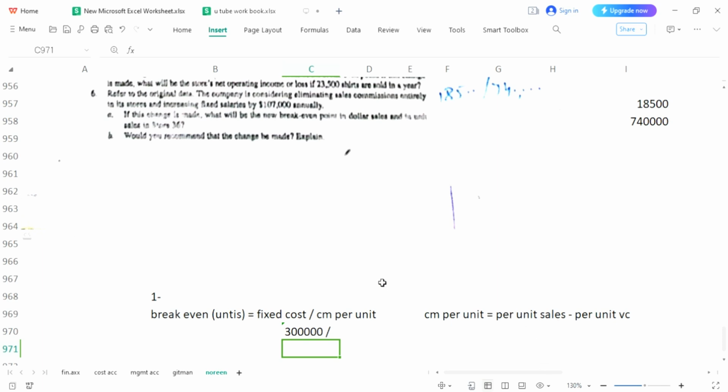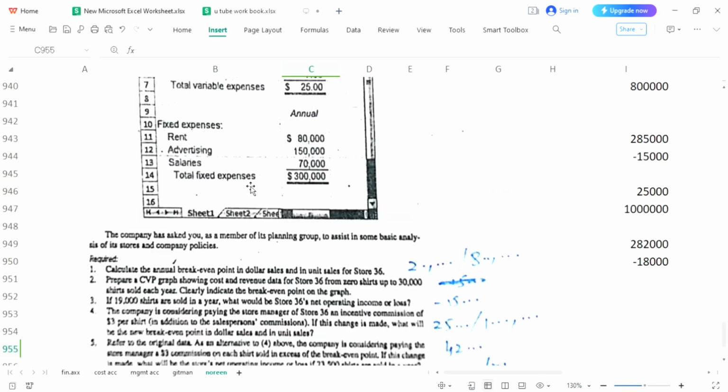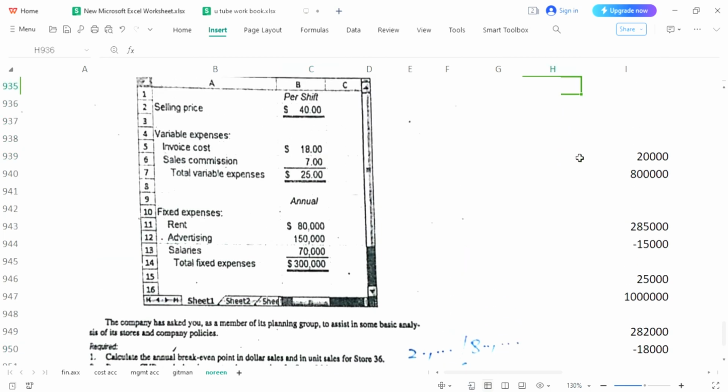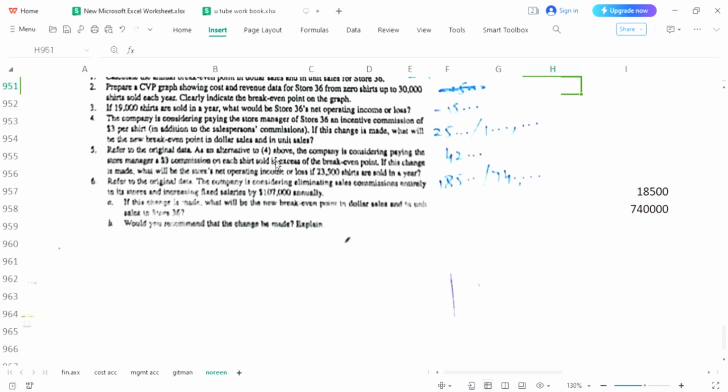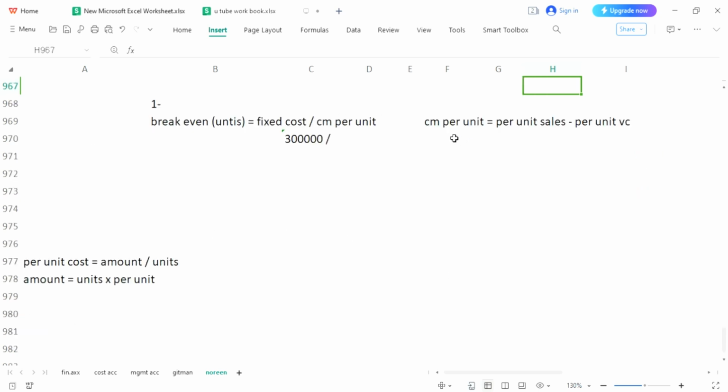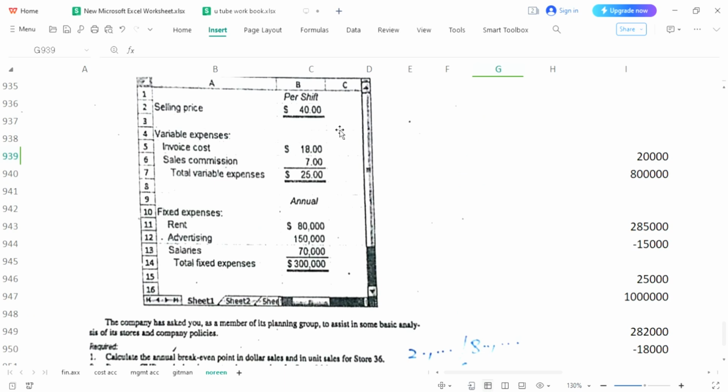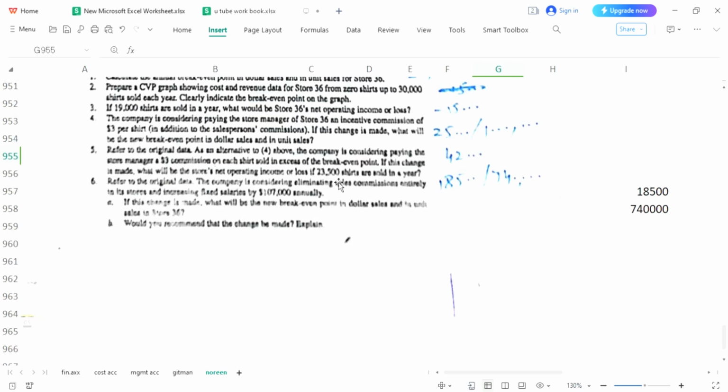Again we follow the question. Here you can see our per unit sale price is given as 40, and per unit variable cost is 25. So collectively, your per unit sale price 40, you subtract per unit variable cost, which is 25. 40 was the sale price, 25 are the variable expenses.